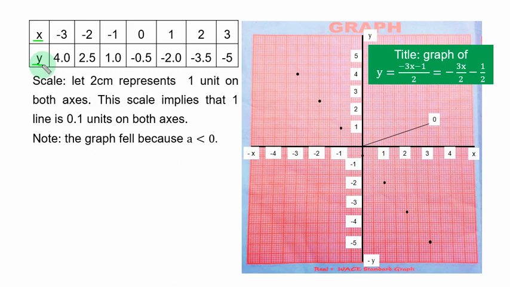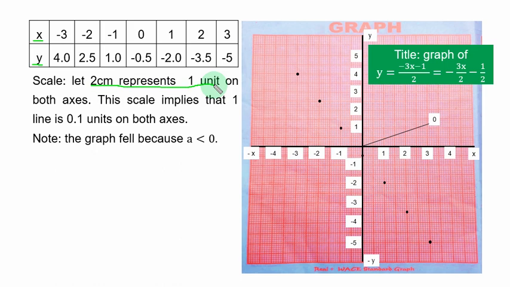That means each square is 1 centimeter. That is the meaning. So you look at the values of s and y that you have, the available space, then you choose your scale. So here my scale is 2 centimeters represents 1 unit on both axes.